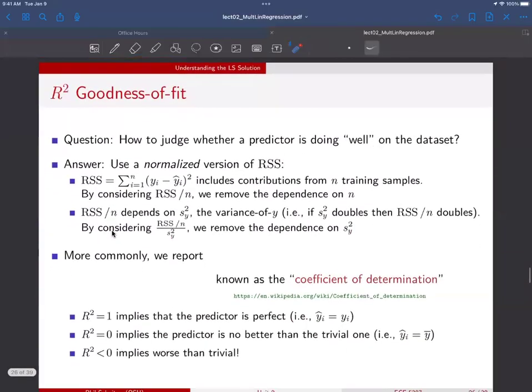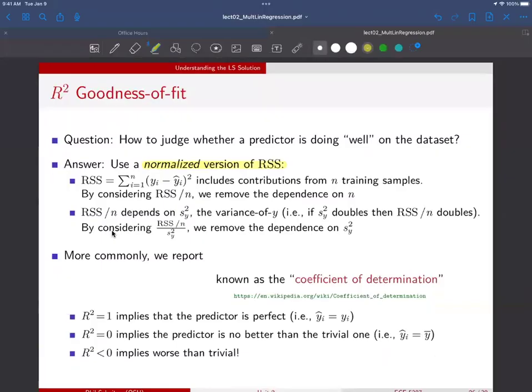So now let's turn our attention to understanding whether our least square solution is good or bad for the data set that we're using. And what we're going to do is come up with a particular number, which is a measure of goodness of fit. And basically, to understand it, I think it's easiest to think of a normalized version of RSS.